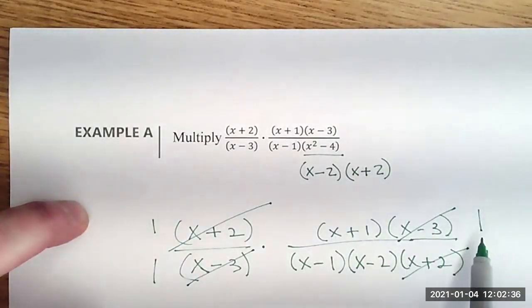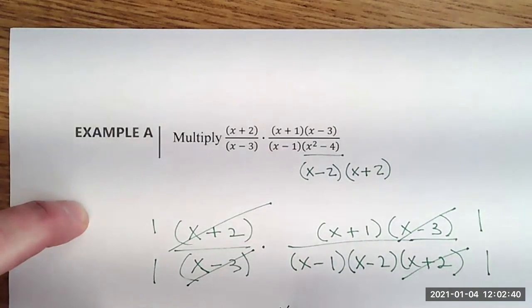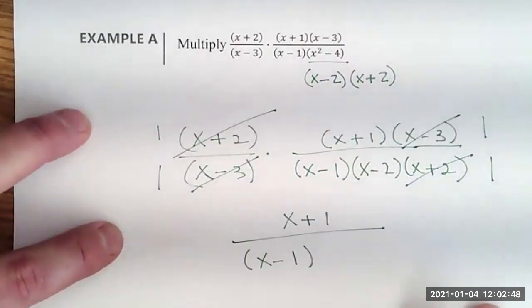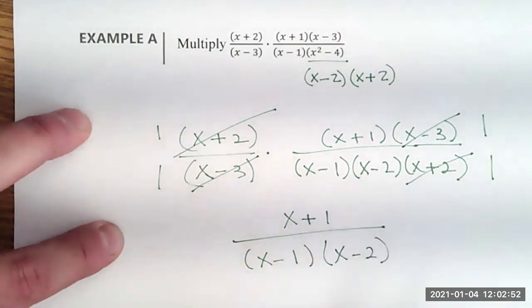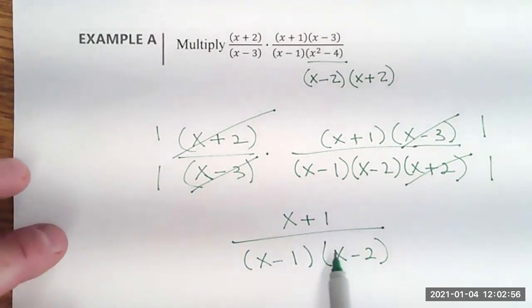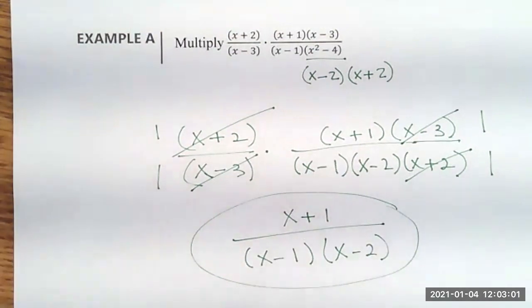So I have x plus 1 times 1 over x subtract 1 times x subtract 2. You do not need to find the product of these two terms. This is satisfactory. In fact, it's preferred if you keep it in factored form.